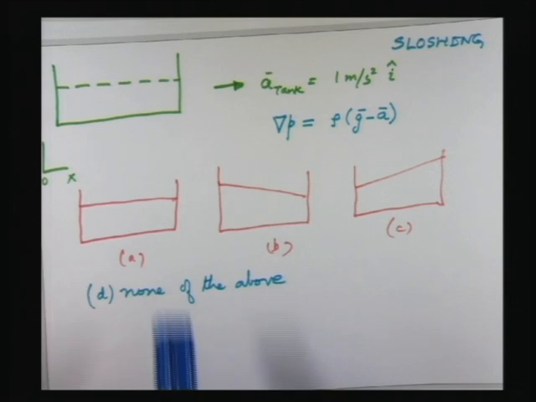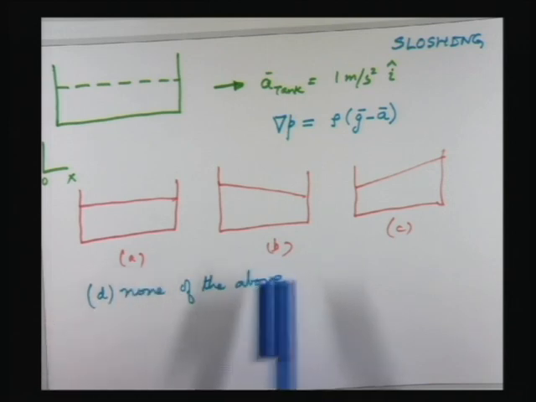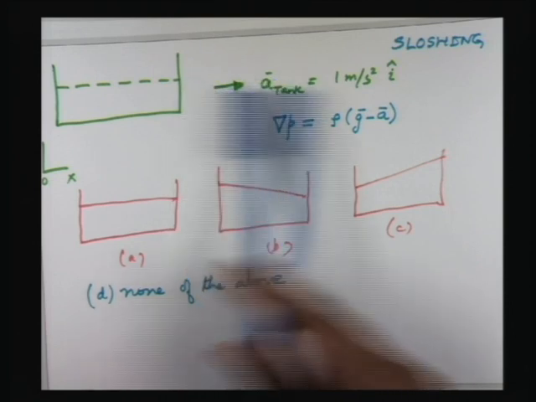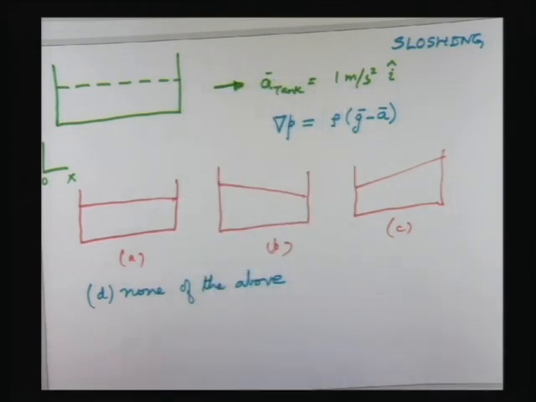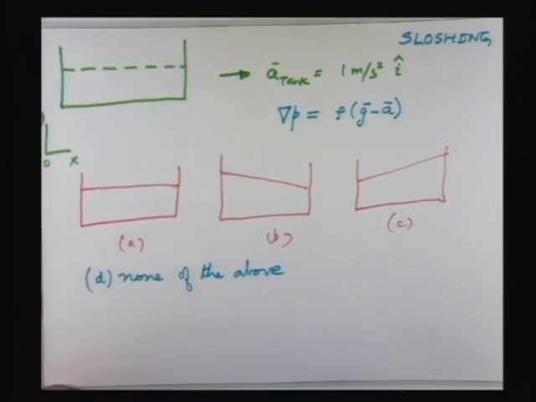So we want to know which is the correct equilibrium state, A, B, C or D, when the acceleration is a constant to the right.